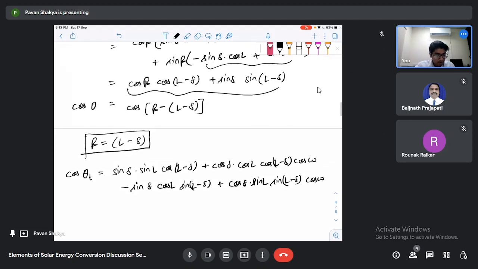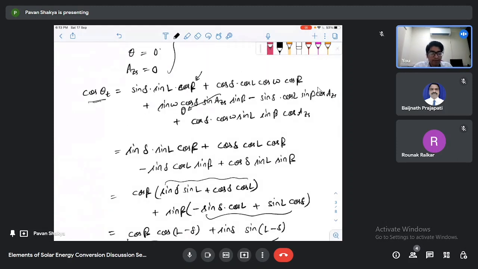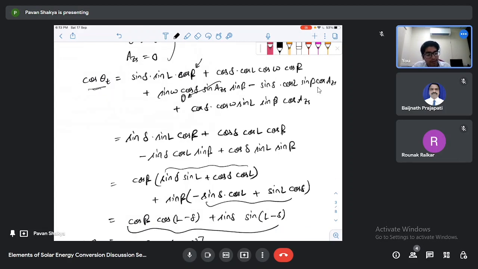And since we have oriented this aperture towards the south, this condition will be satisfied for every day, for every theta t. So that's why this third term will be 0.